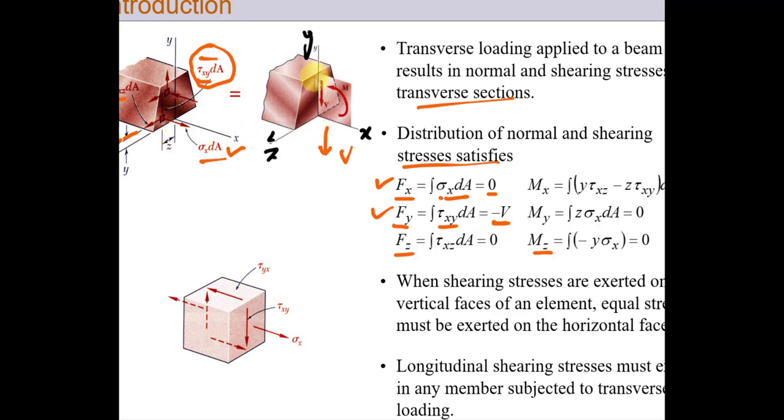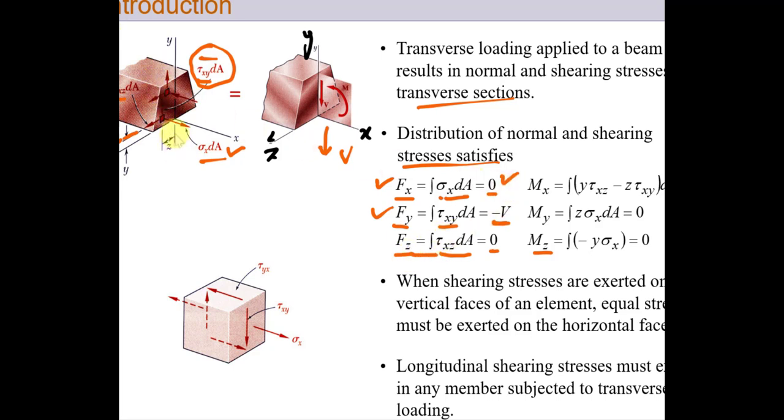Similarly, there is no force in x direction, therefore the sum of all forces along x direction is equal to 0, and there is no net force acting in z direction, therefore the sum of all forces along z direction must be equal to 0. So the integral of tau of xz into dA must be equal to 0, because shear stresses exist along the z direction, but their net effect must be equal to 0.